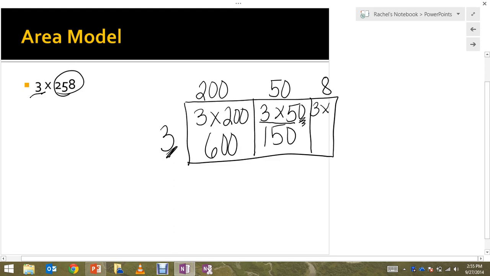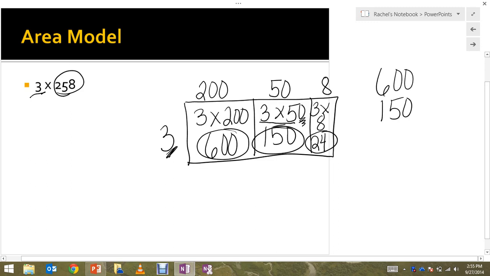And then the last one, 3 times 8, which is 24. So within this model, students were using these 3 partial products to then combine them and add them back together to find the final product. So the answer to 3 times 258 is 774.